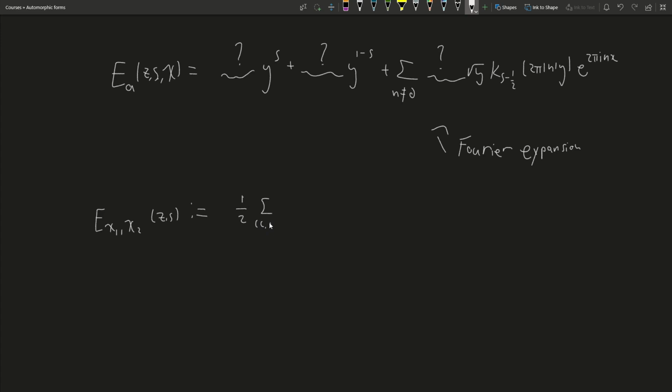This is going to be a sum over coprime integers c and d of, so here chi1 is a character mod q1, chi2 is a character mod q2, and the Eisenstein series attached to characters is defined to be this thing.